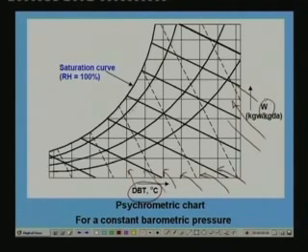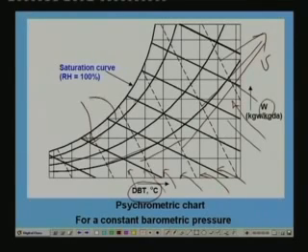These curved lines are your relative humidity lines, and these dashed lines are the specific volume lines. Finally you have these thick inclined lines, which are constant enthalpy lines.